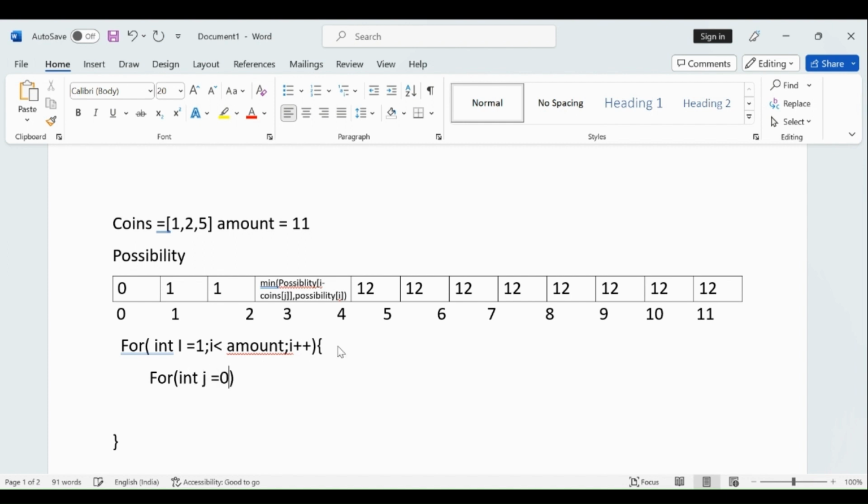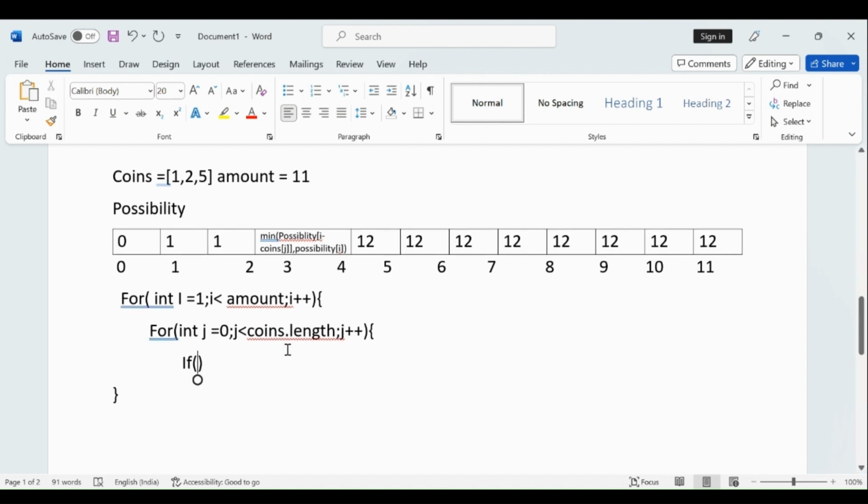So we need to iterate over coins as well. We will iterate j less than coins dot length. If you remember my previous statement, I said that you can only use the coins which are less than or equal to the amount itself.